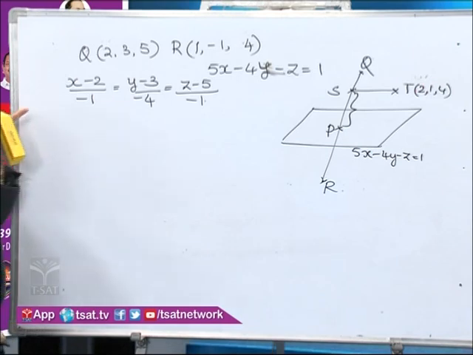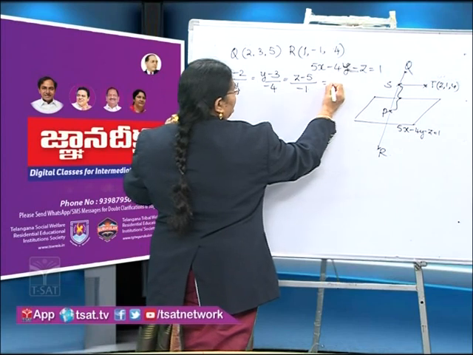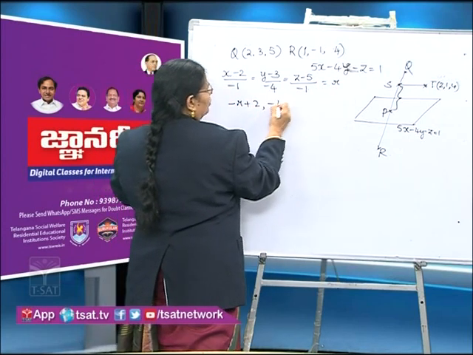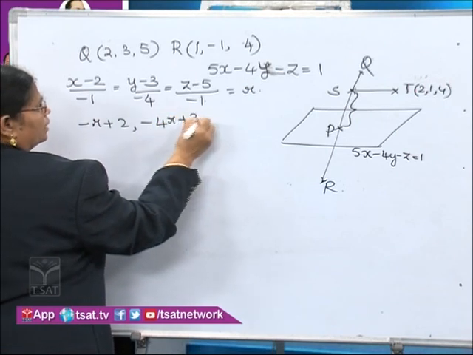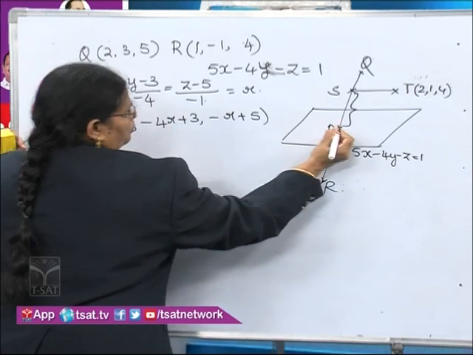This is the equation of the line QR. Now any point on this is minus r plus 2, minus 4r plus 3, minus r plus 5. This is the point P.